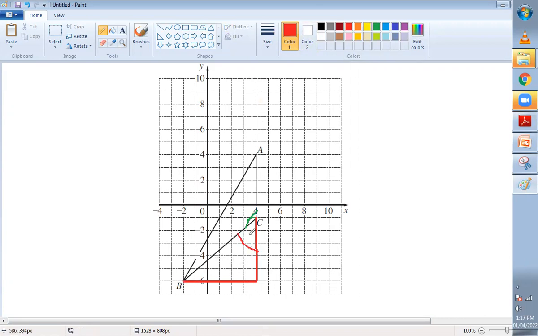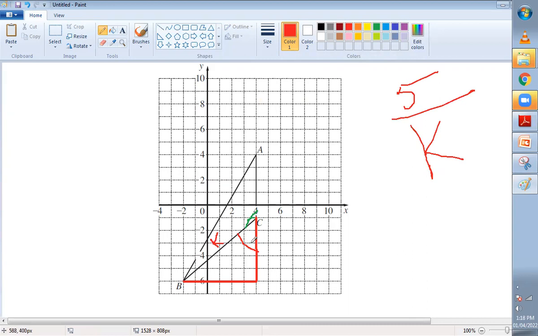So if I want to find the cos of this angle, it is base by hypotenuse. He has told me that this BC is basically K. That's the hypotenuse is K. Okay, how much is this base? 1, 2, 3, 4, 5. So base by hypotenuse. So it will be 5 by K. And so the cos of this angle will be base by hypotenuse. That will be 5 by K.